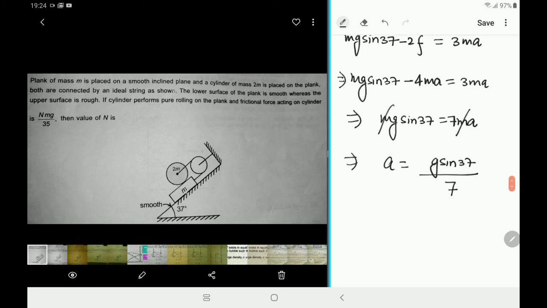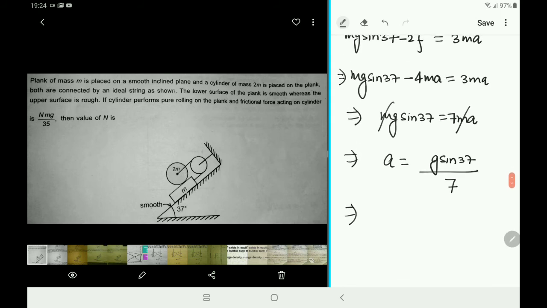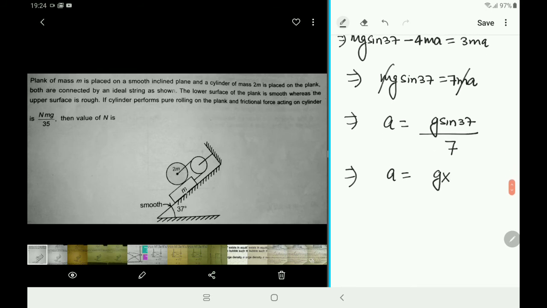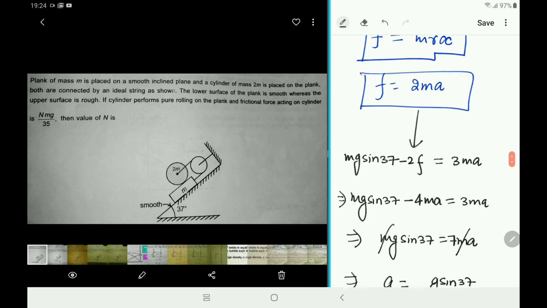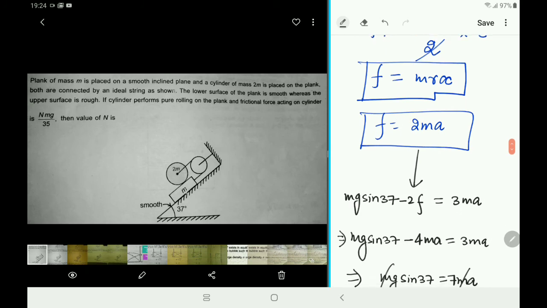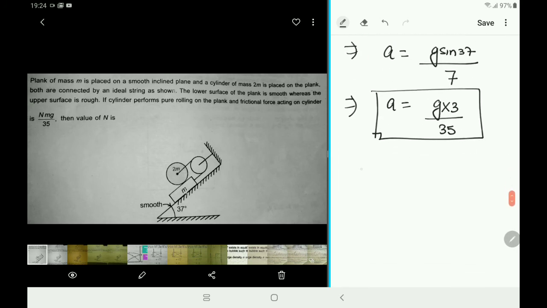Take very good care that you don't commit an error in calculation. This type of big problem often comes with calculation errors, so try to minimize that. Put the value of sine 37, that is 3 by 5. So you have calculated a in terms of g.